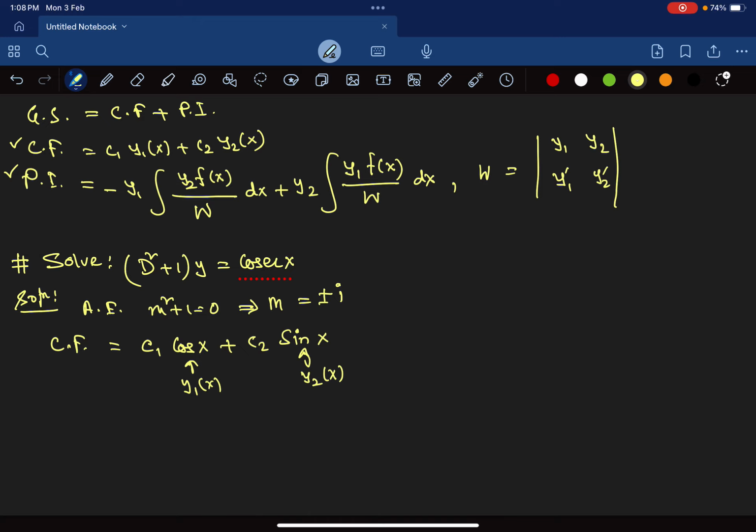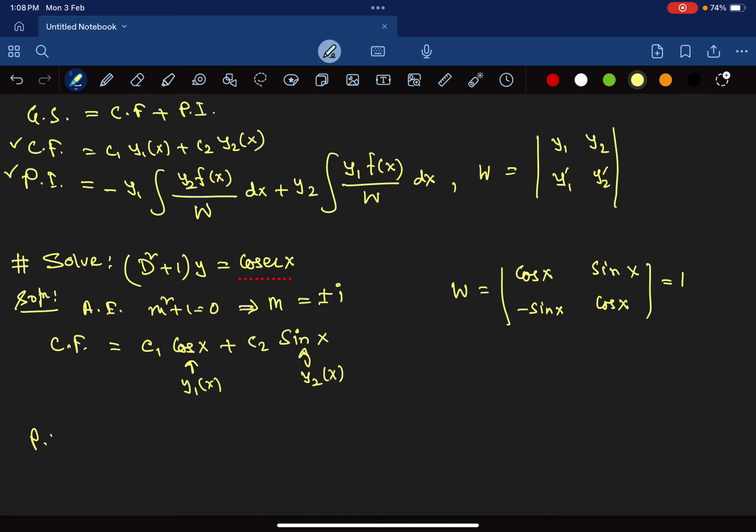So what is the next requirement? The next requirement is W, the Wronskian. You can calculate the Wronskian immediately: cos x, sin x, here minus sin x, here cos x. If you do the calculation you will get 1.